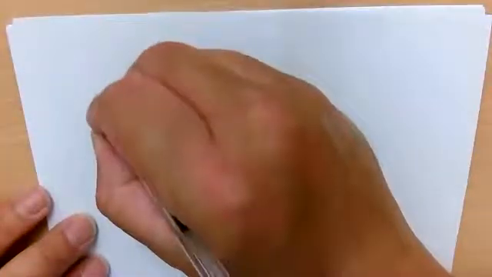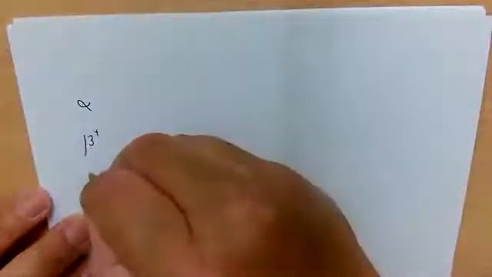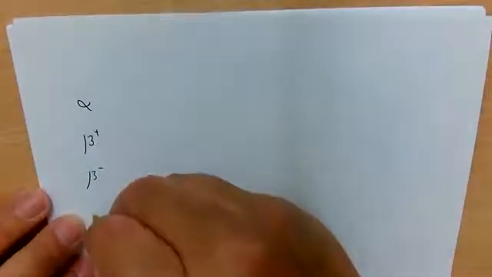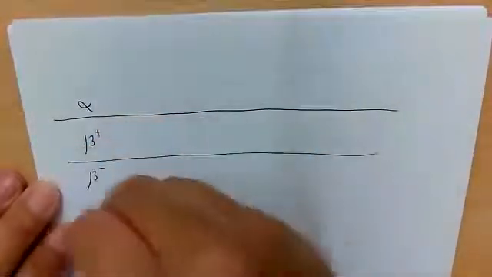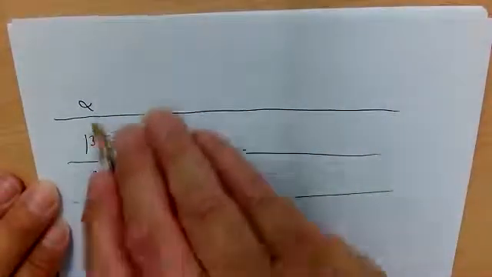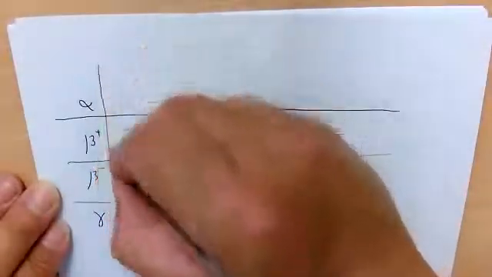So if I start to look at properties of alpha, beta, and gamma, we know we've got alpha, beta plus, beta minus, and gamma radiation. You do need to know these symbols. You need to know what each of these are.